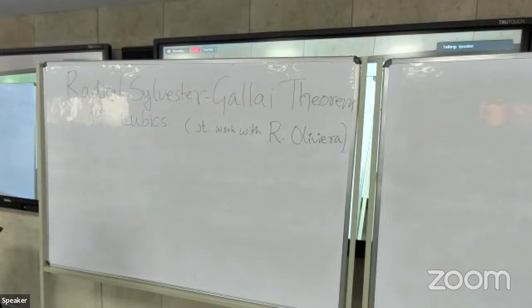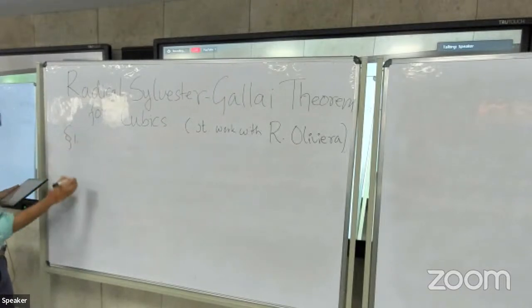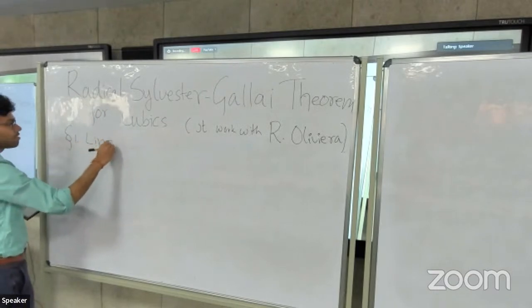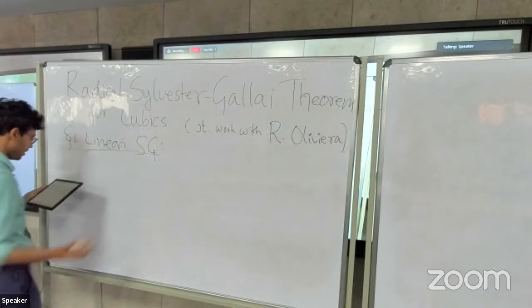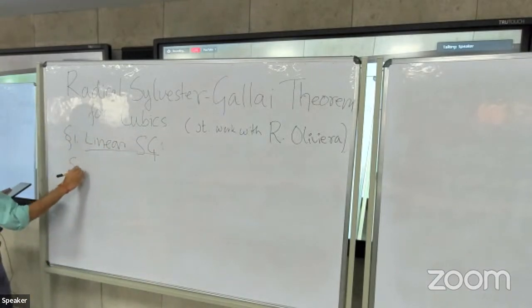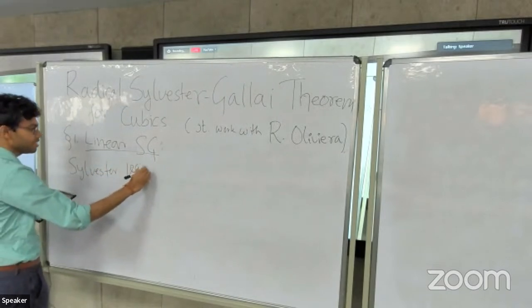First, I'll start by talking about the classical Sylvester-Gallai questions which people have studied. Let's talk about linear Sylvester-Gallai, I'll write SG for Sylvester-Gallai. It was a question of Sylvester in 1893.